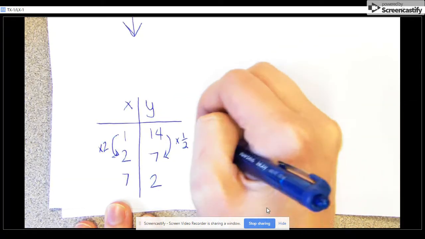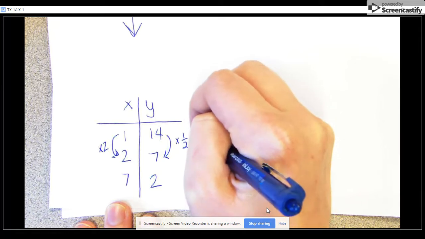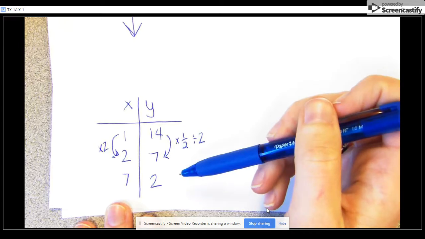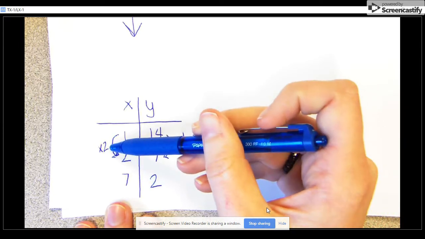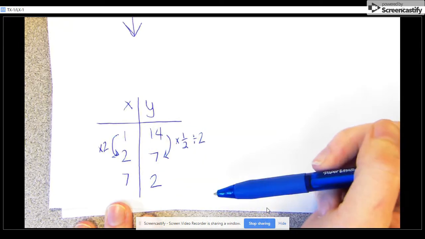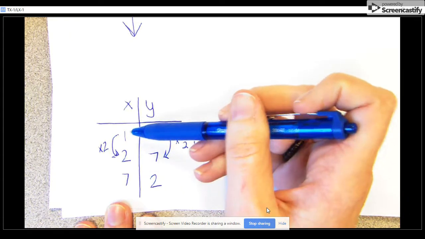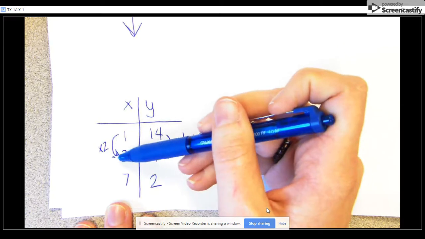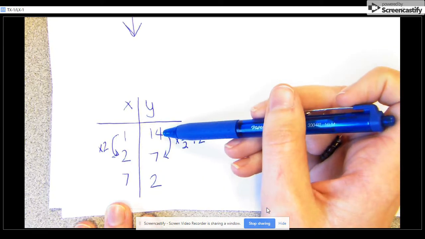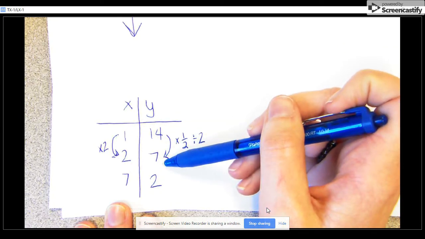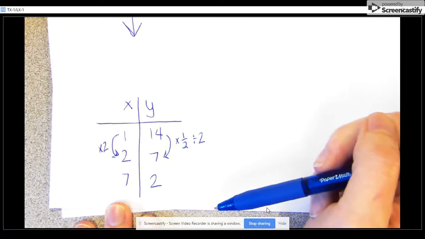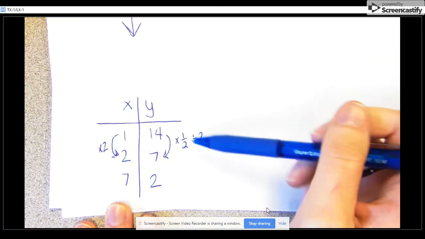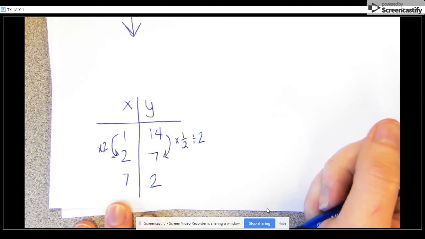Multiplying by 1/2 is the same thing as dividing by 2. So in this case, we can also view it as multiplying and dividing. To get from the first x value to the second x value, I need to multiply by 2. To get from my first y value to my second y value, I need to divide by 2. That's where the opposite relationship is, because multiplication and division are opposites.